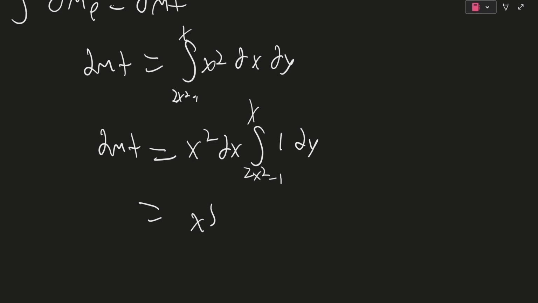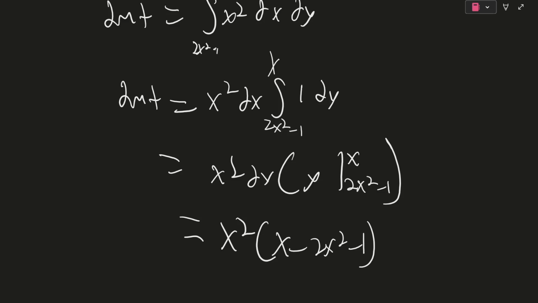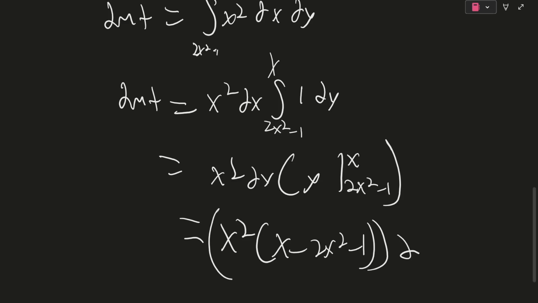It's going to be equal to x squared dx times y evaluated from 2x squared minus 1 to x, which is equal to x squared times x minus (2x squared minus 1) dx.